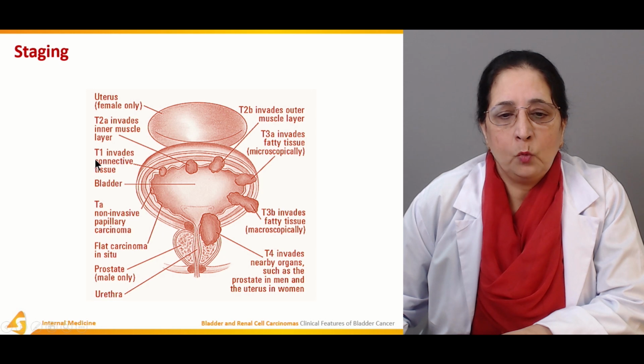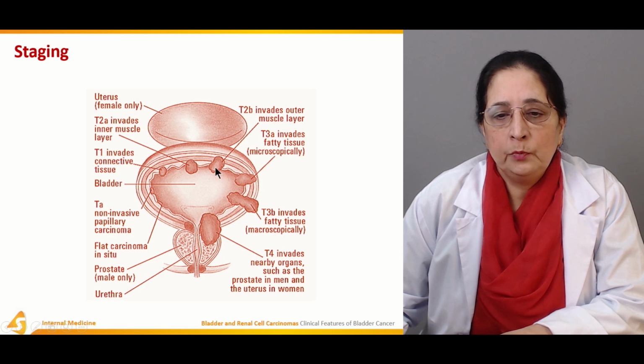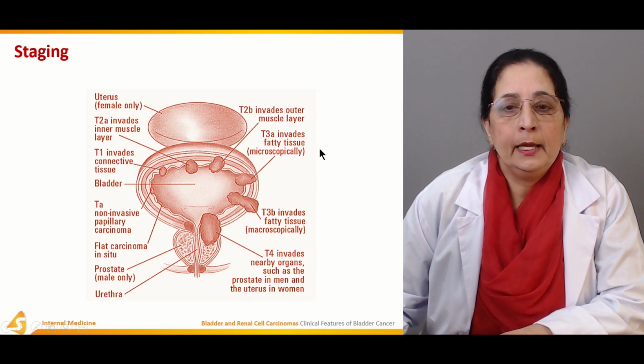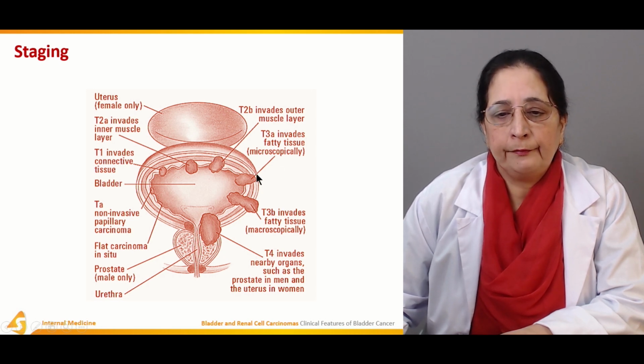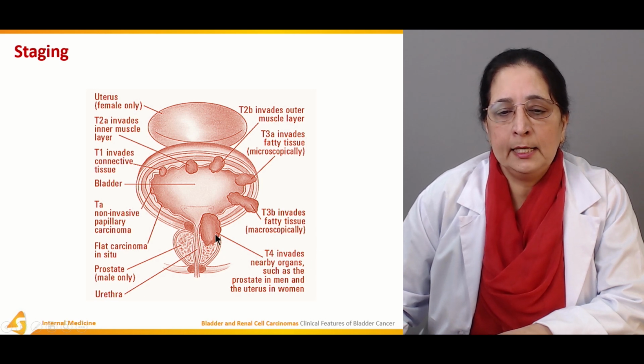Then we have T1, which invades the connective tissue. T2A invades the inner muscle. T2B invades the outer muscle layer. T3A invades the fatty tissue, and T3B invades the fatty tissue macroscopically.